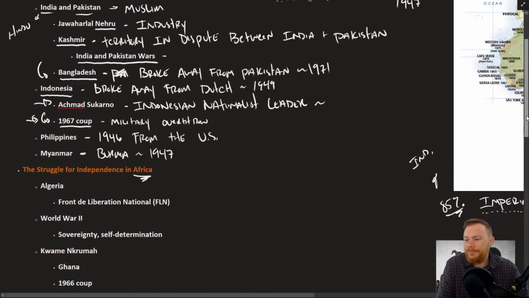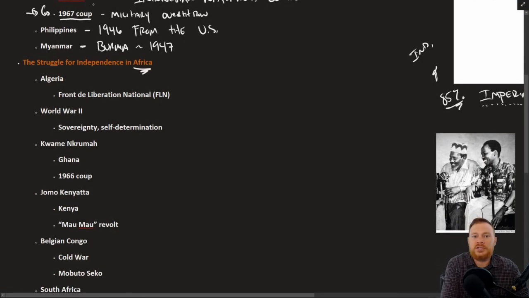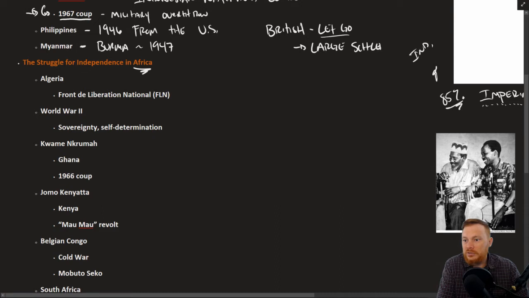One broad generalization is that for the most part, when it came to British colonies, this is true of India, this is true of the Middle East, this is true of Africa, the British were willing to let go of those colonies, with one exception: where there were large settler populations.